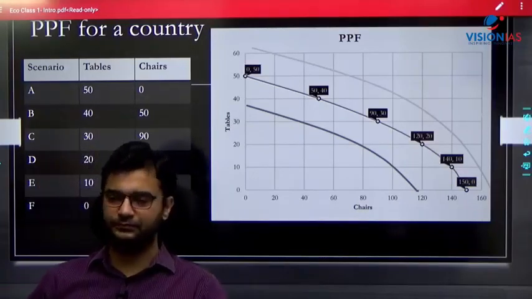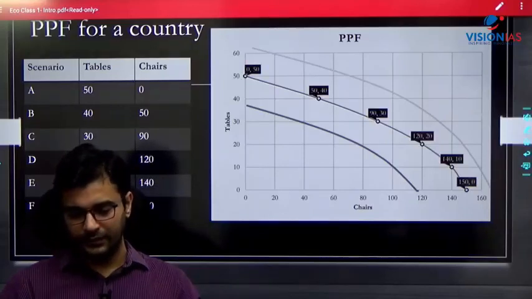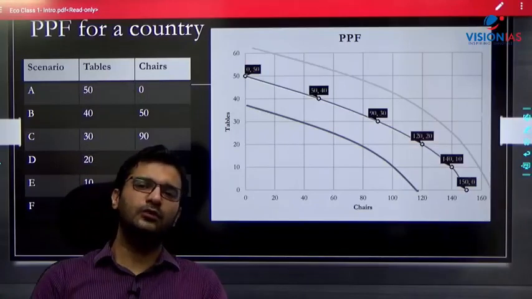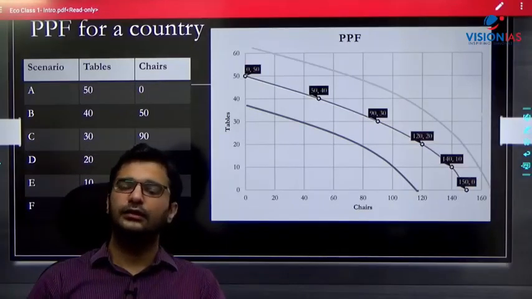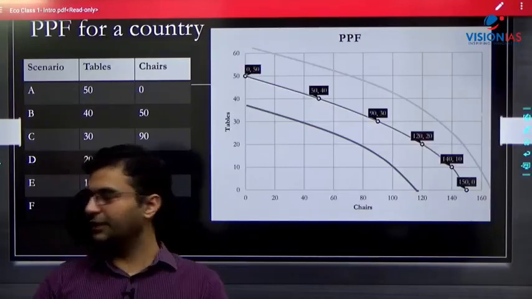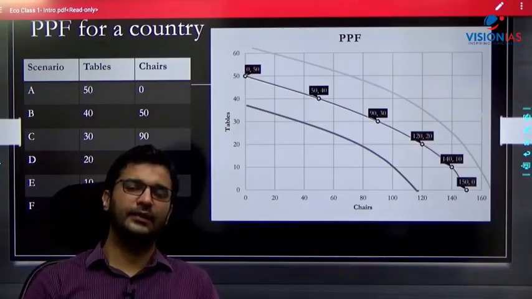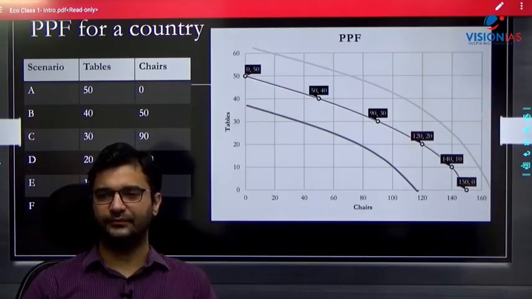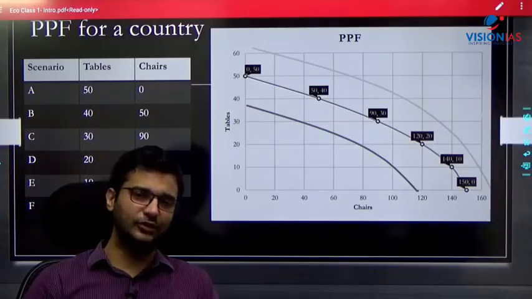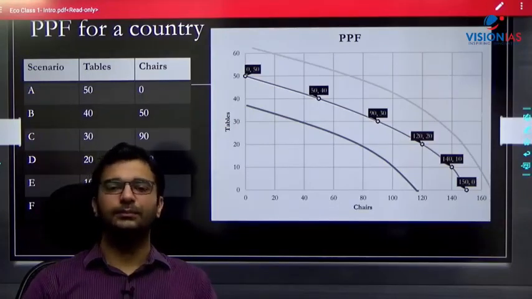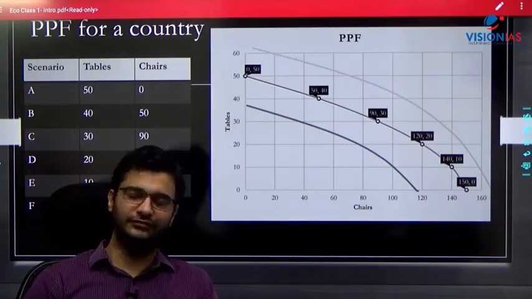Full stop. The problem of limited resources can be understood through the concept of the production possibility curve.